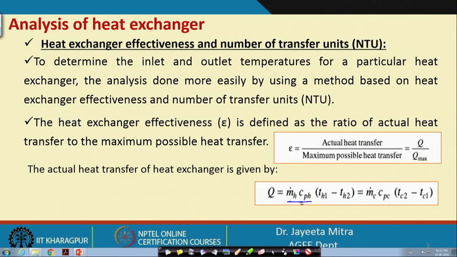Together these constitute the heat capacity of the hot fluid, multiplied by the temperature drop, Th1 minus Th2. This heat is taken by the cold fluid, so mass flow rate m dot c into Cpc, the specific heat of the cold fluid, and the temperature has increased from Tc1 to Tc2, so Tc2 minus Tc1 is the change of temperature. This is the actual amount of heat transfer that happens.